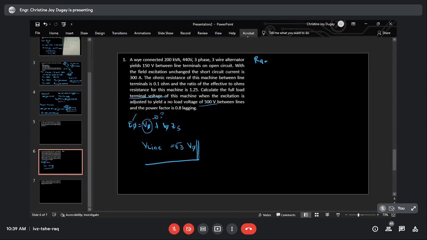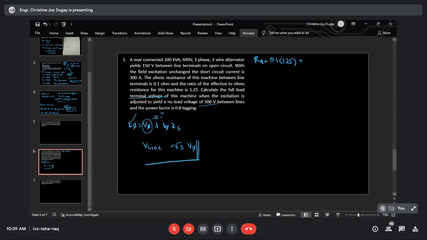Our R effective, RA, is equal to, as I said earlier, 0.1 times 1.25. Ma'am, it's between lines. Machine between line terminals. Oh yes, between line terminals. Sorry, I didn't notice earlier.